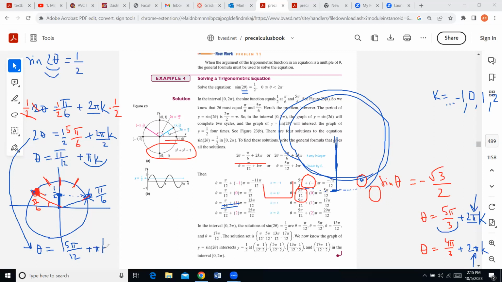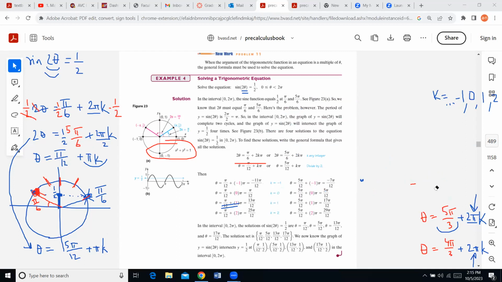So this way, I'm going to have my solutions that I'm going to put on the unit circle to show you better what is actually going on, what the solutions mean in here.